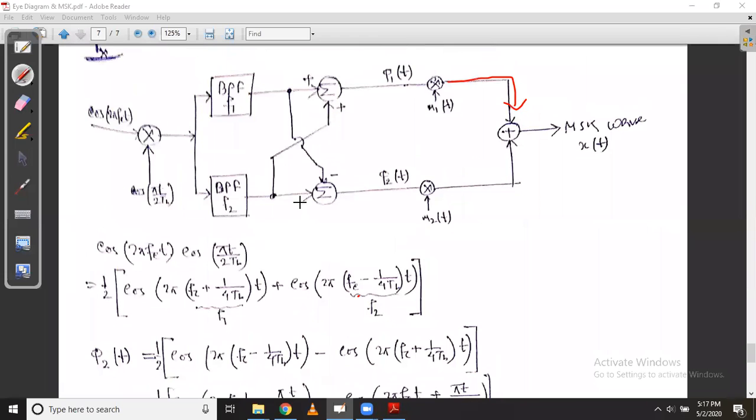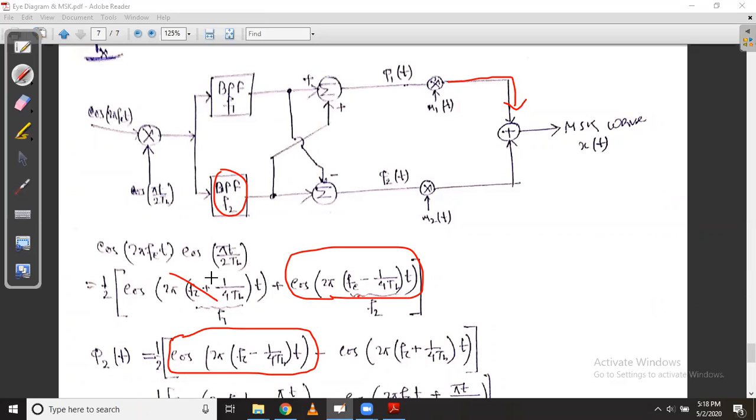Now something came here from the output of this band pass filter, that is this term. So this term I am writing here, and something came at this place, which is coming here also.